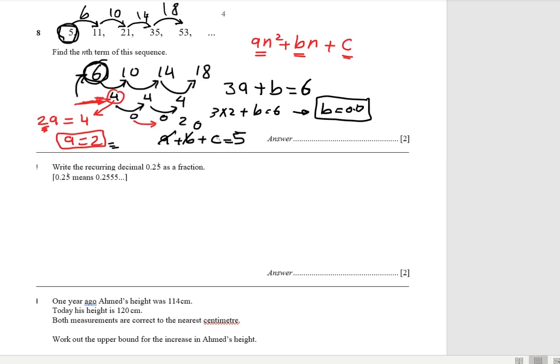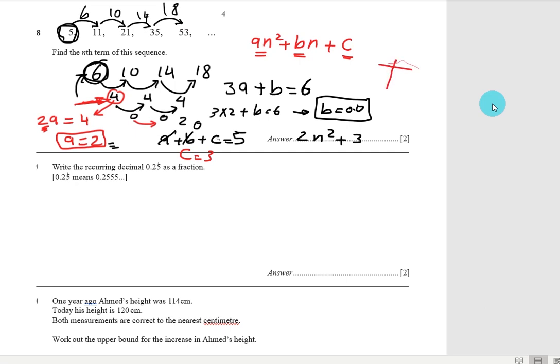So from this equation, C will equal 3. So the final answer will be 2n squared plus 3. We need to check this answer to be sure that the answer is right. So how do we check the answer?